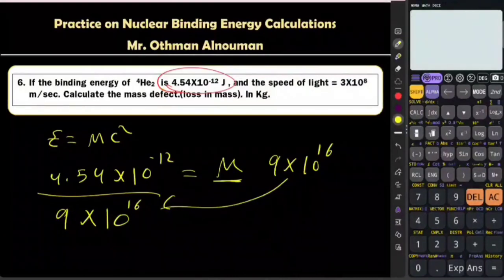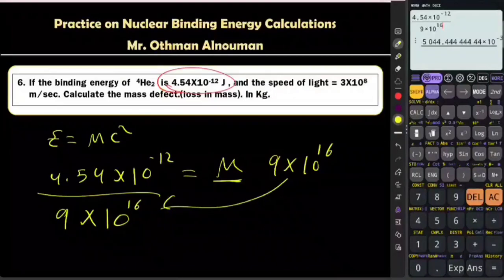So we are going to put it like here. We have 4.54 times 10 to the power of negative 12, and down we are going to put here in the calculator 9 times 10 to the power of 16.